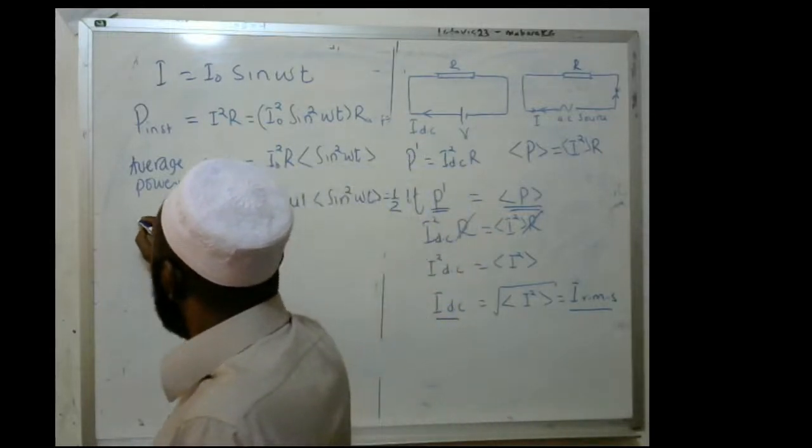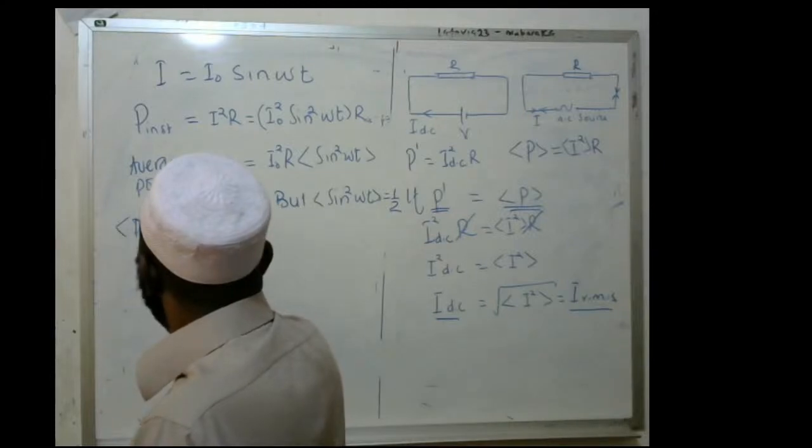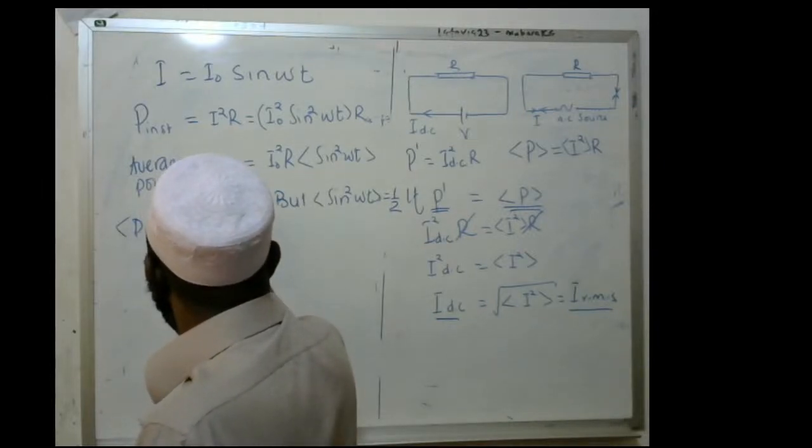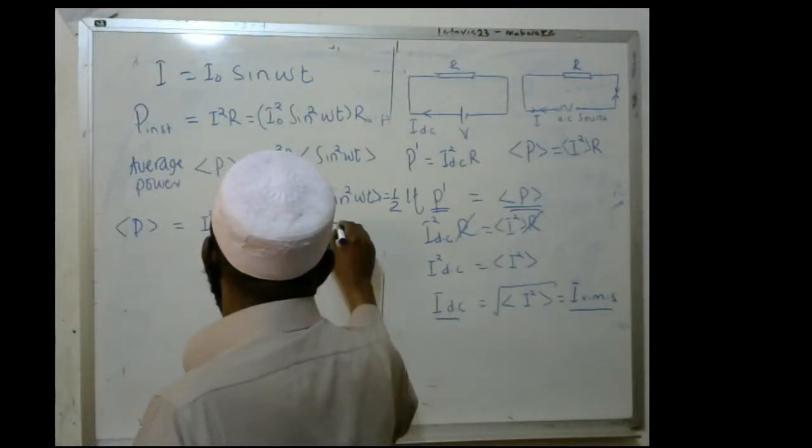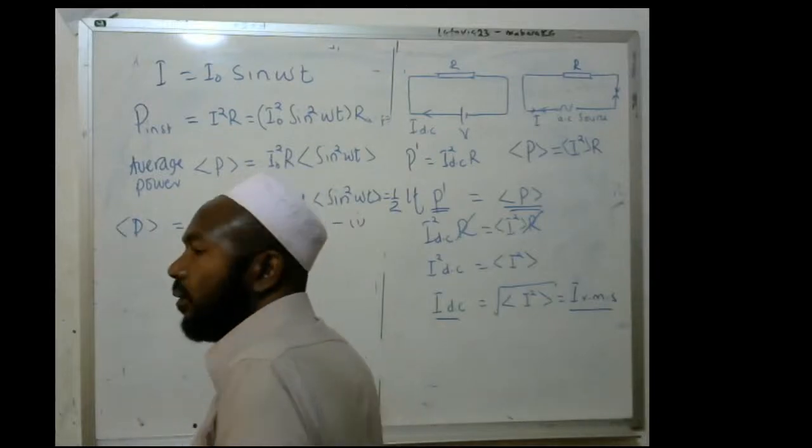And therefore, the average power becomes equal to I naught squared R times a half. And that is the expression for the average power.